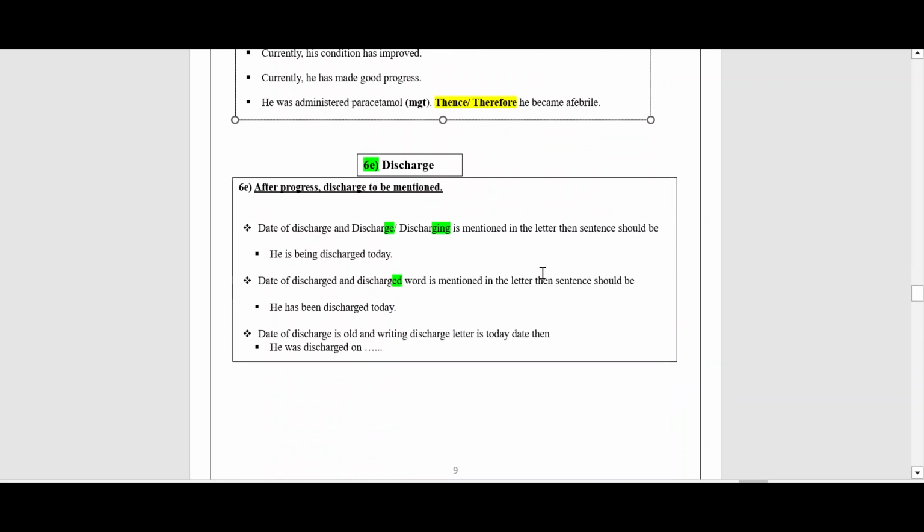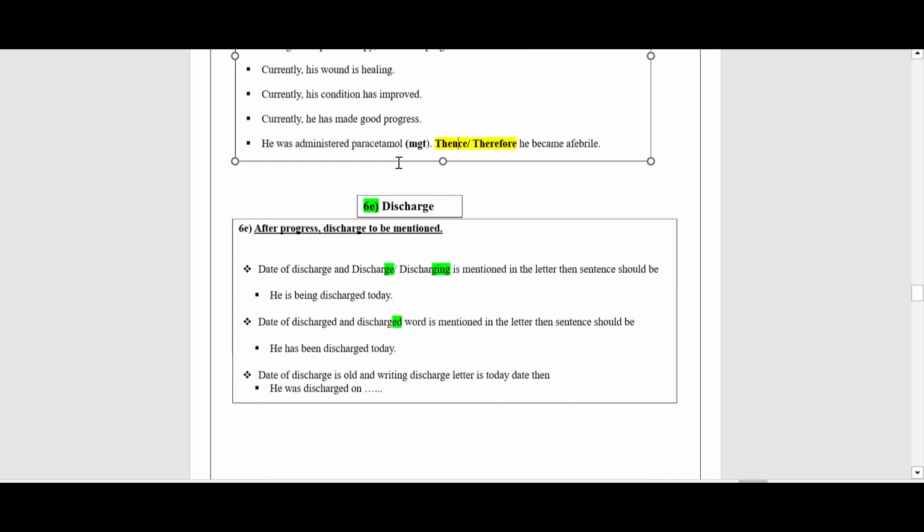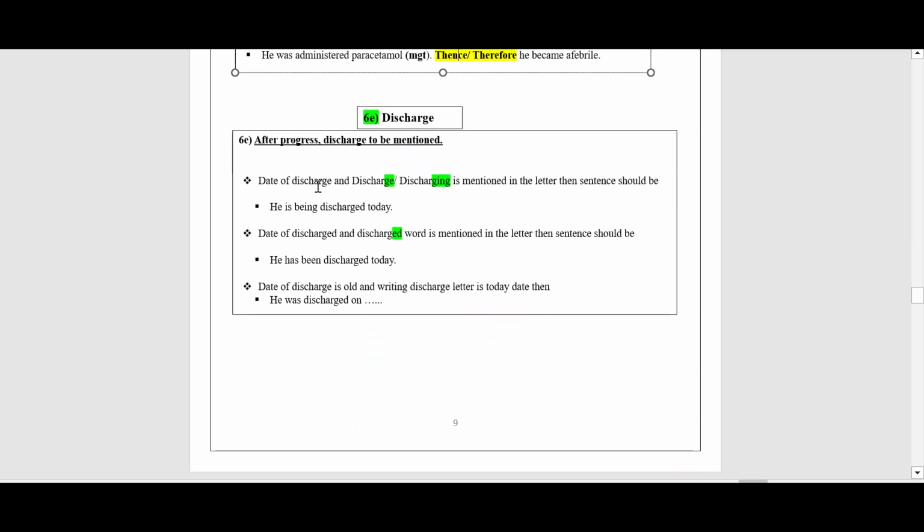And now 6E, discharge, subdivision. Discharge is after the management, then his progress, then he is being discharged. There is a certain style, a certain pattern to follow while writing the discharge. That is very important. Listen very carefully. If in the question it is mentioned "discharge" without D, then you need to mention the sentence "he is being discharged today."